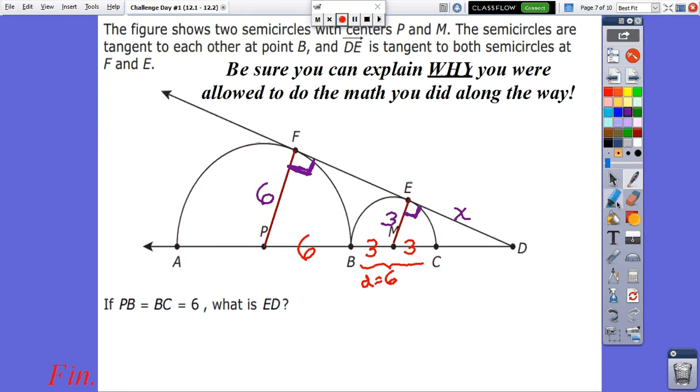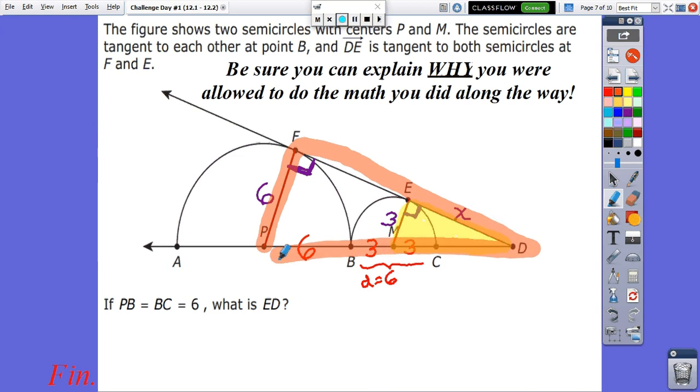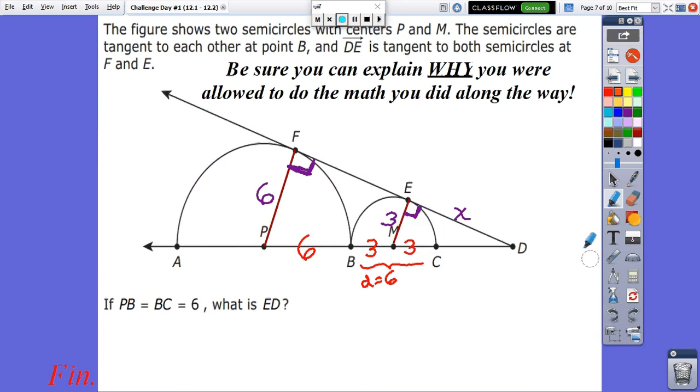So I'm seeing already, kind of in the last problem, some similar triangles. I see this right triangle, and I see this right triangle. Now, both right triangles have 90-degree angles, but what other angle do they also have in common? They also share a reflexive angle, angle D, right? Because in the big right triangle, we use angle D fully, and in the small right triangle, we use angle D fully.